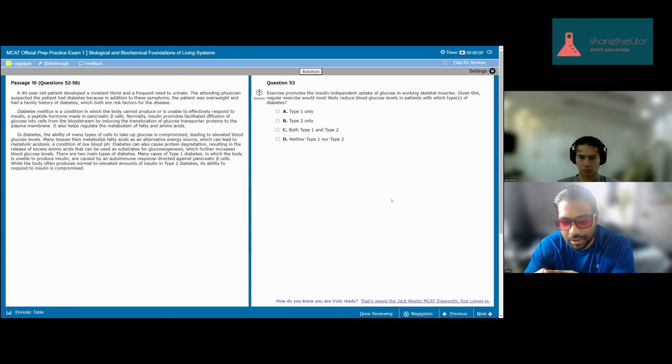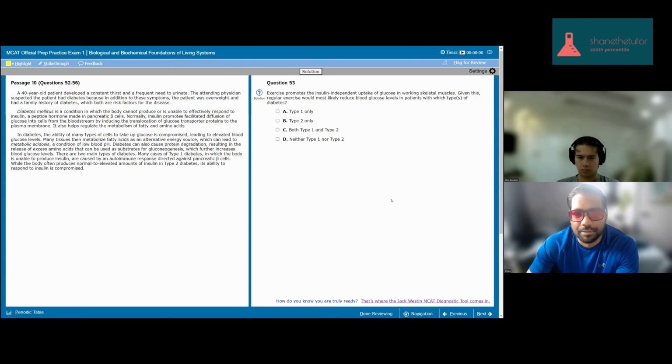Insulin independent means that it can work for type 2 diabetes, but it doesn't mean that it won't work for type 1 diabetes, because insulin independent means that it doesn't need insulin, but that doesn't mean that if you do have insulin that it won't work. Okay.